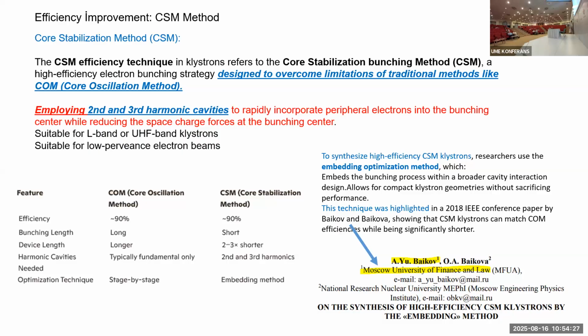To make a high efficiency, you have to use the oxygen-free copper. Not must, but it's better. This method is especially for L-band and UHF, suitable for low perveance electron beams.